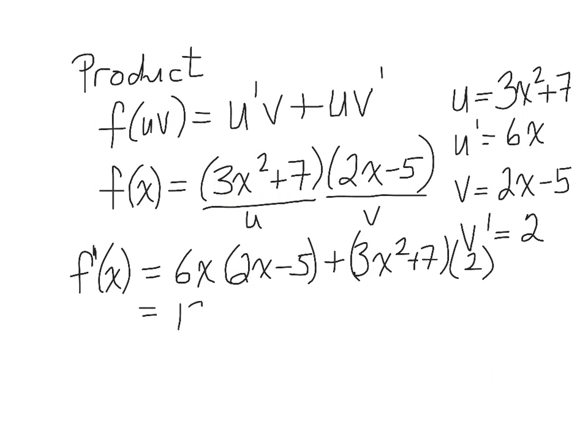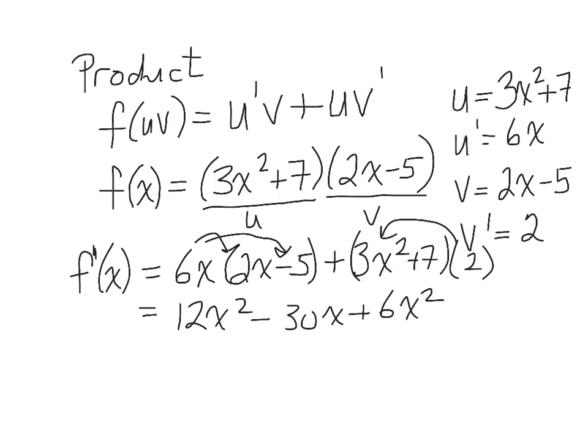So this would be 12x squared, if we expand it here, minus 30x plus 6x squared, because we're multiplying the 2 by 3x squared, and then the 2 by 7, so plus 14. We can collect the like terms, the x squared terms.